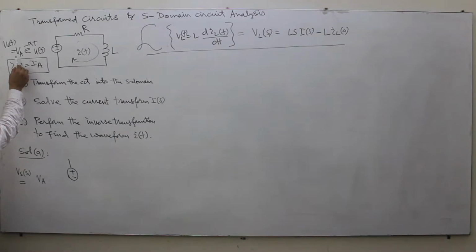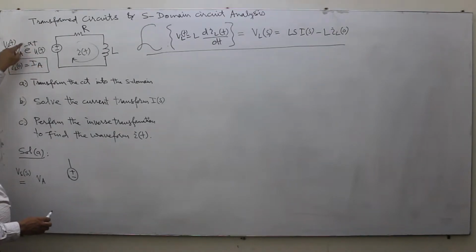If we take the Laplace of this function, Va is constant, and e to the raised power minus alpha t into u of t, where u of t is the unit step function. For this exponential function, the Laplace transformation is Va over s plus alpha. So this is our transformation to the S domain for this source waveform.